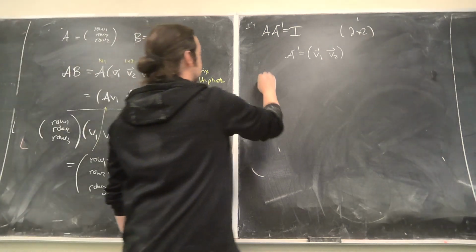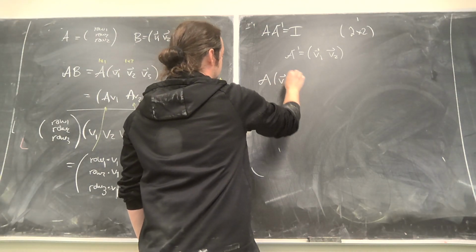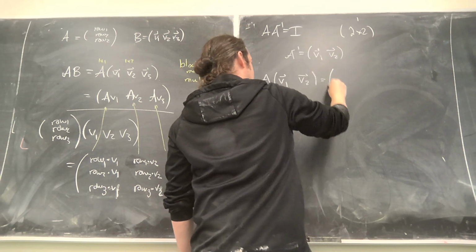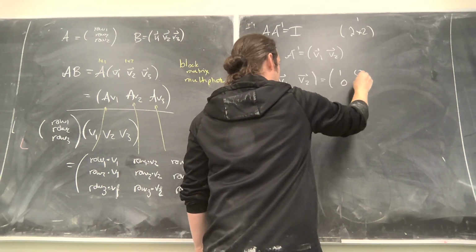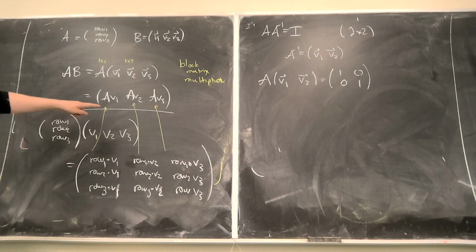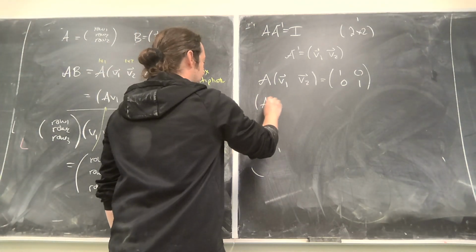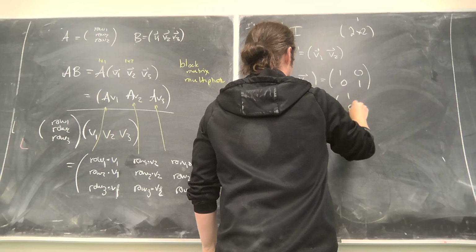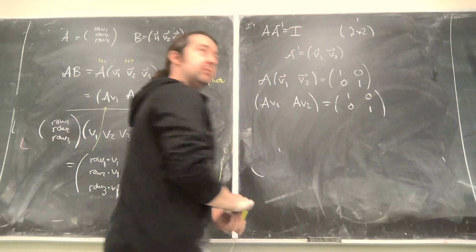And that would say A times V1, V2 is equal to, okay, the 2 by 2 identity is 1, 0, 0, 1. And by the argument I wrote right here, A times the matrix V1, V2 is AV1, AV2, which is equal to 1, 0, 0, 1.